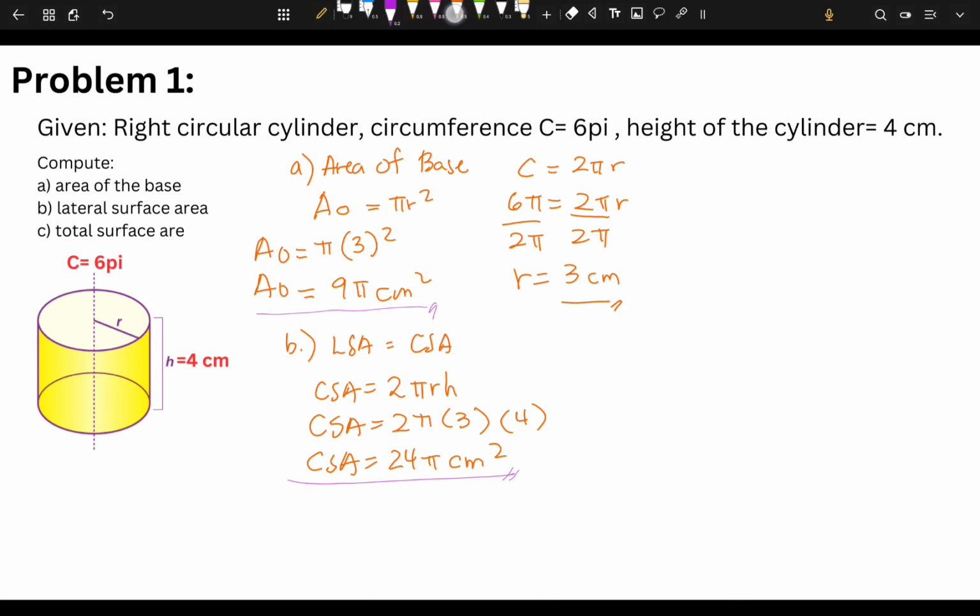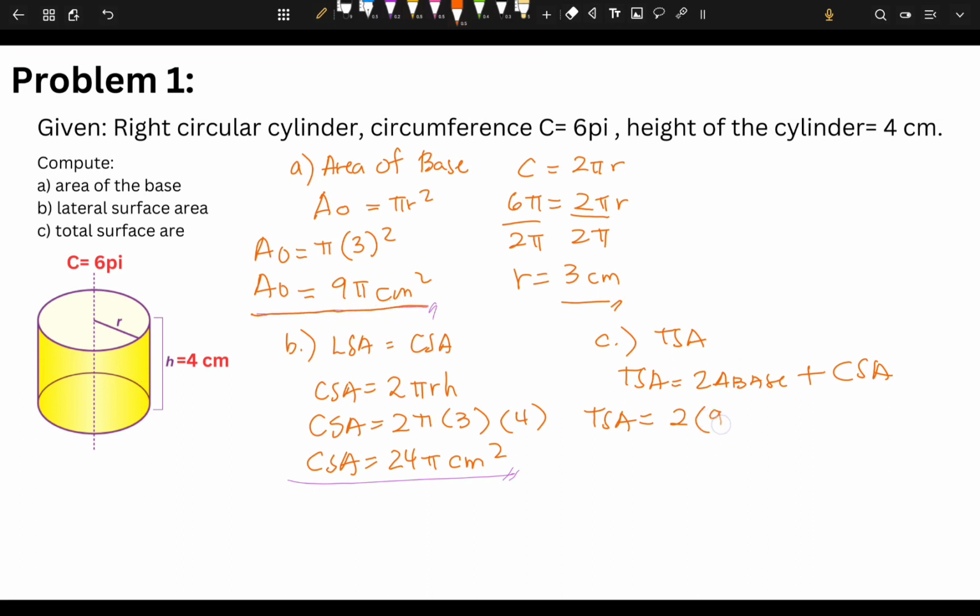And for the total surface area, letter C. So TSA. So again, yung TSA natin, kahit saan naman yan, para lang din po yan sa prism. So TSA is twice ng area ng base plus tayo ng LSA. Pero dito, CSA. So TSA is equal sa twice ng area ng base. Area ng base natin, ito yung area ng base natin, di ba?